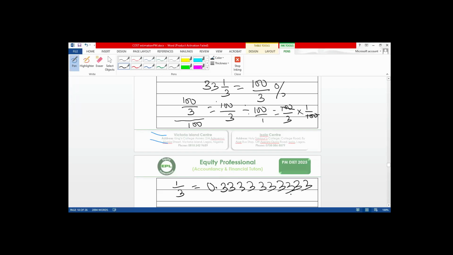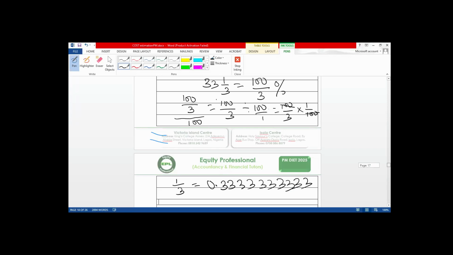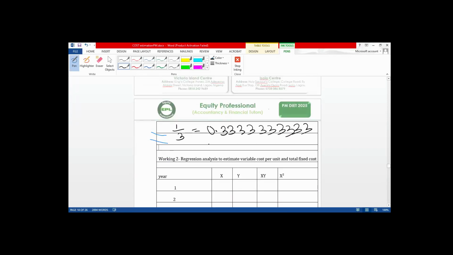This is the ratio. But remember that initially, before, it was 100%. You now add 1 to this. This is the increase in your wages. Now add 1 to it. That one represents the initial.